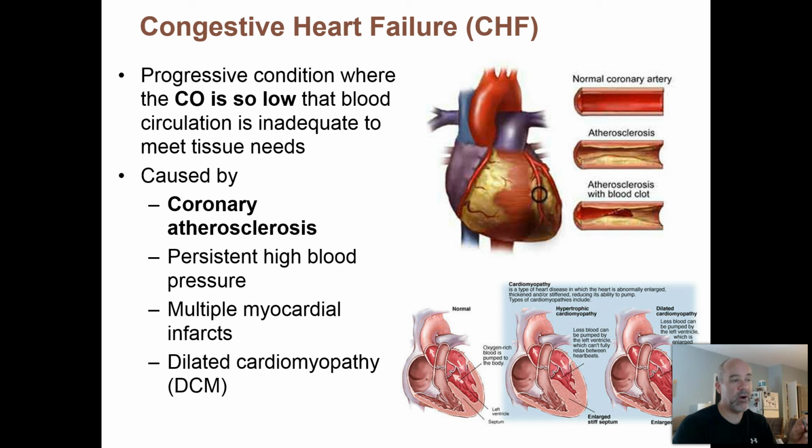In dilated cardiomyopathy, when you have a weaker heart, and the heart's not pumping blood out forcefully enough, your end systolic volumes are too high, and over time the ventricles can get stretched out and the heart enlarges. That's dilated cardiomyopathy. Now, in that case, the opposite can occur.